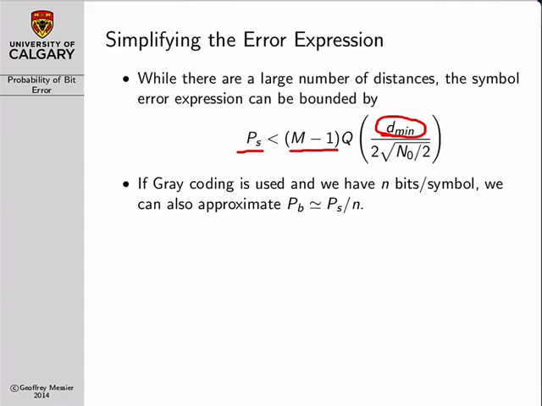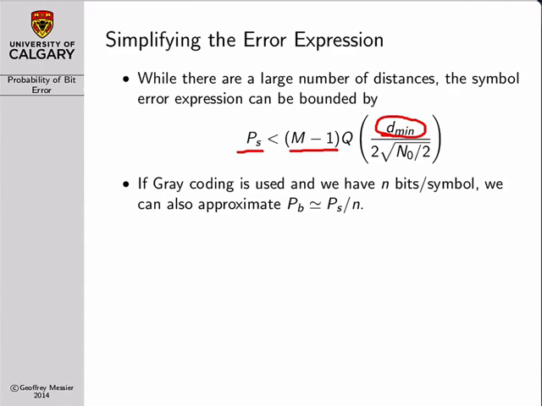Why we say symbol is because this is the probability that we mistake two signal vectors, which we refer to as symbols. However, the metric that we're usually looking for is the probability of bit error, or the bit error rate.